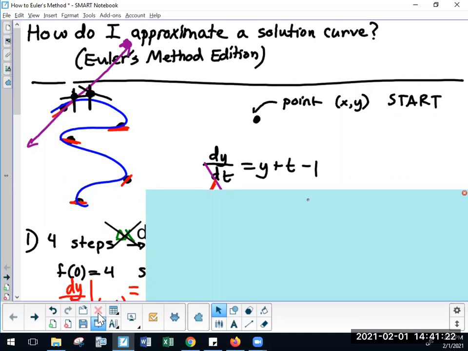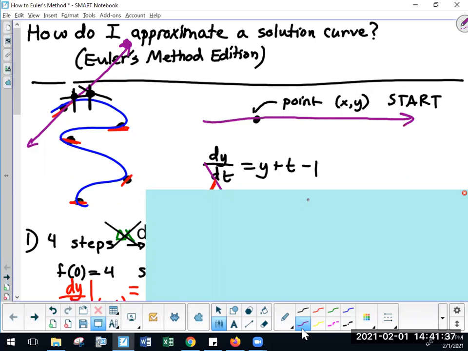So here's what Euler's method does for us. If I've got a starting point, which I will, so f of 0 is 4, what I can do is come in and calculate my tangent line. So let's say my tangent line is like this. All right, that's my tangent line. So I got the equation of my tangent line, but I know that at some point in time, this tangent line is not going to be real accurate.